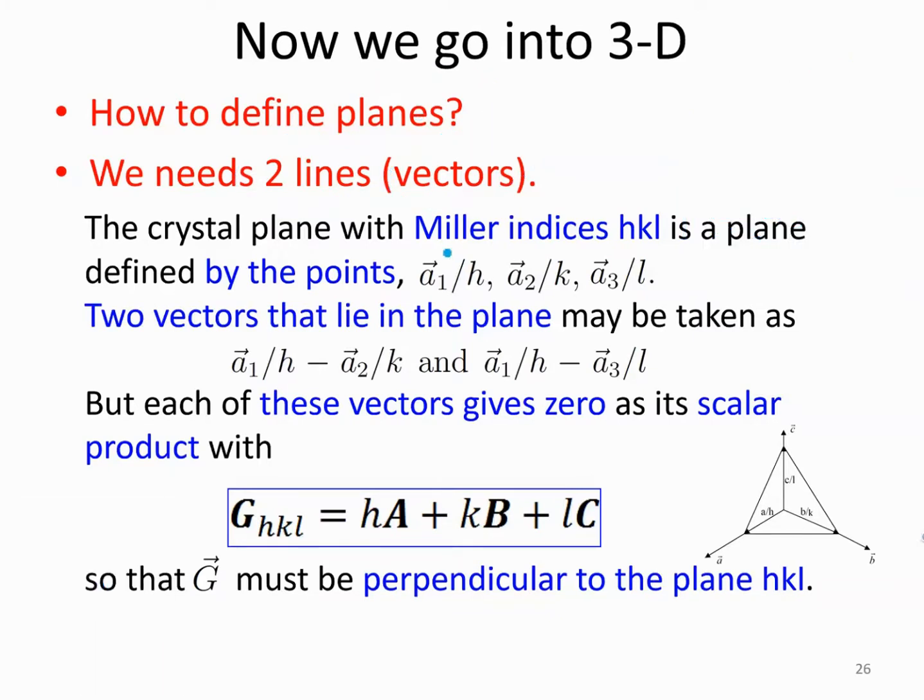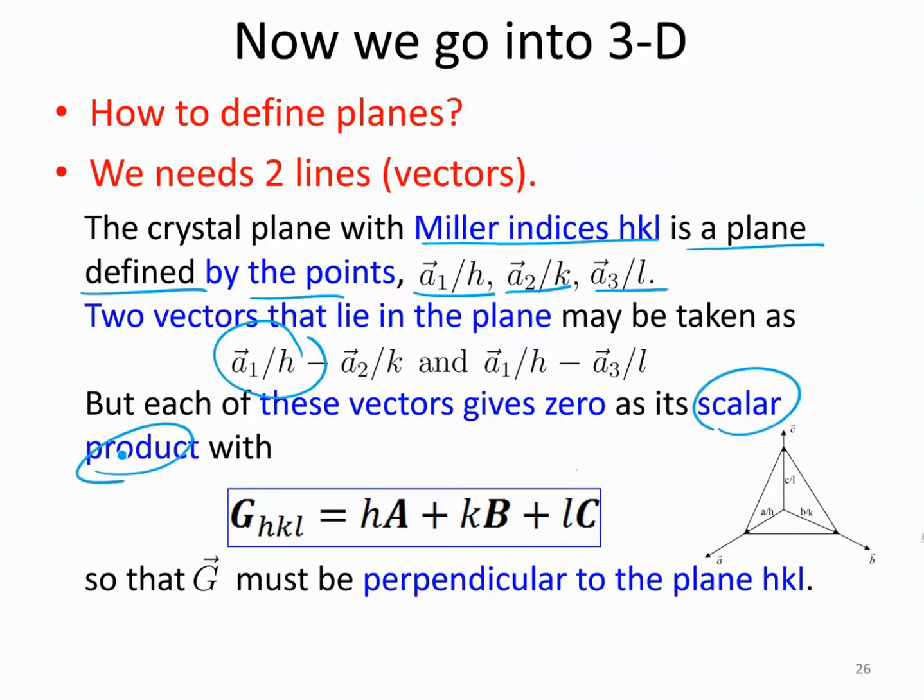The crystal plane with the Miller indices HKL is a plane defined by the points A1 over H, A2 over K, and A3 over L. Then the two vectors that lie in that plane may be taken as A1 over H minus A2 over K, and the second vector will be A1 over H minus A3 over L. But each of these vectors gives 0 when you take the scalar product with G. That means that you will get cos 90.